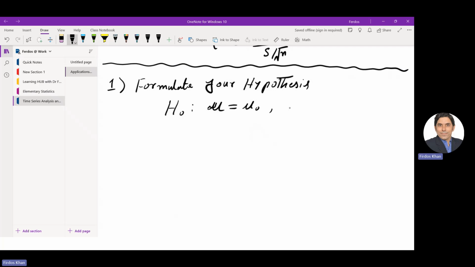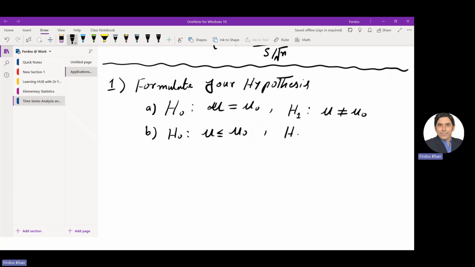And of course, the alternate hypothesis we denote by HA or H1, that is mu not equal to mu naught. So now there are 3 possibilities. One is this, or maybe H naught: mu less than or equal to mu naught. Remember that the alternate hypothesis should be the opposite of the null hypothesis.